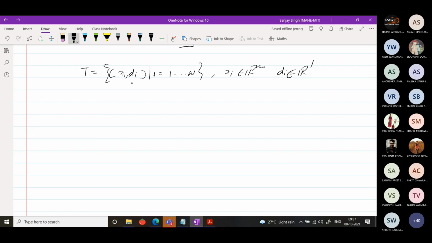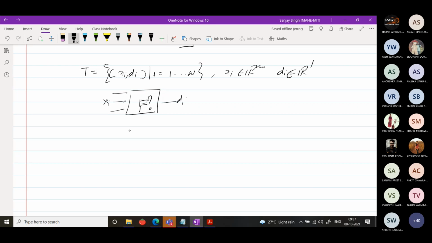This is my training data. What you're trying to understand is what the particular function is in this block, so that when I give xi, it produces the corresponding di. You want to know this particular function, right?